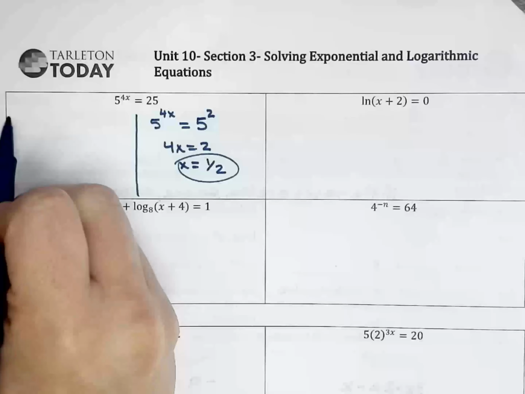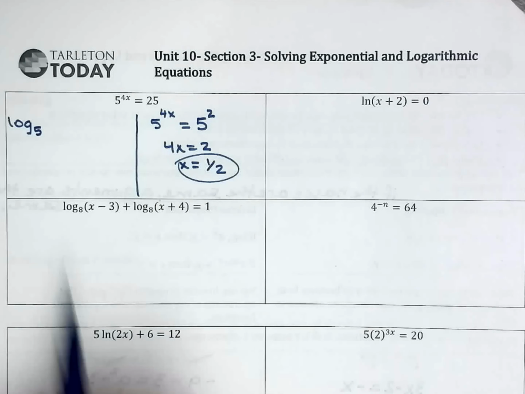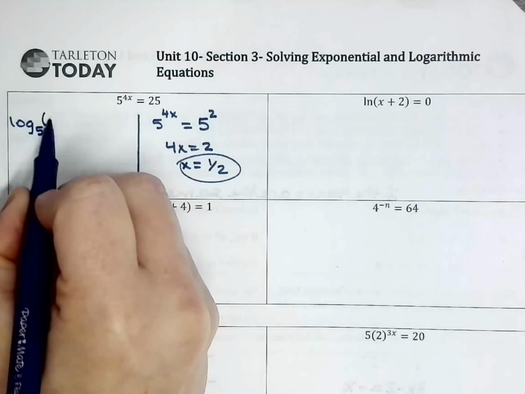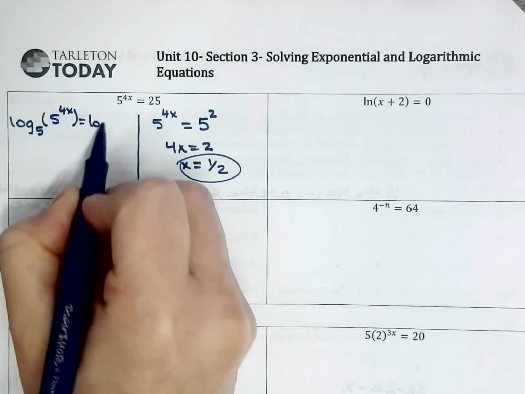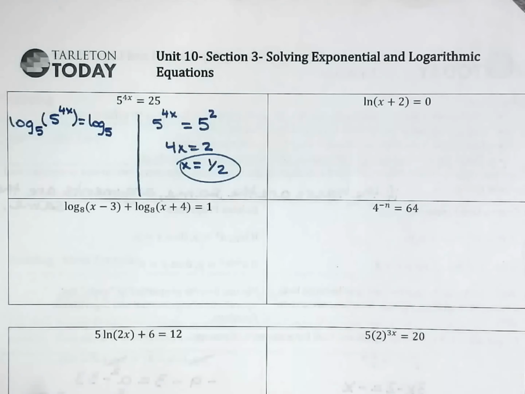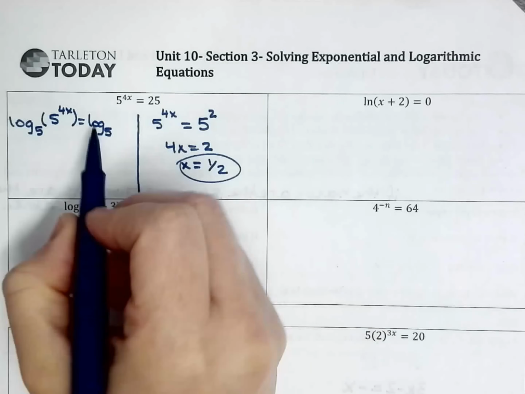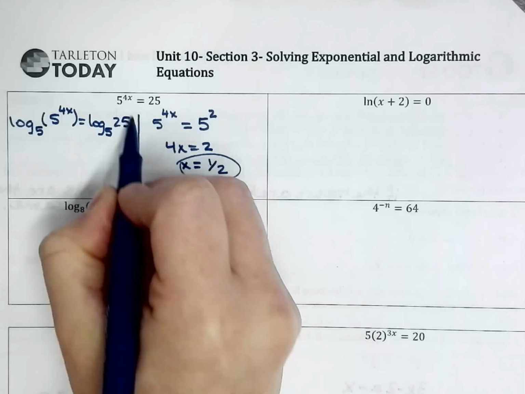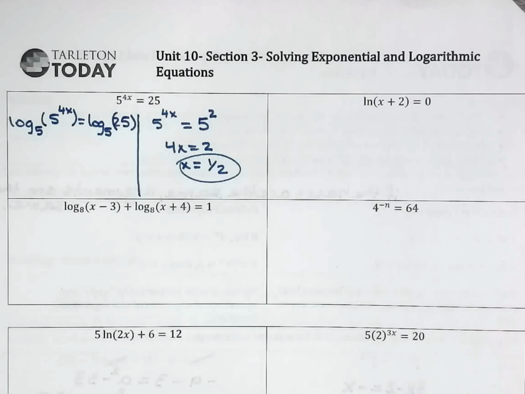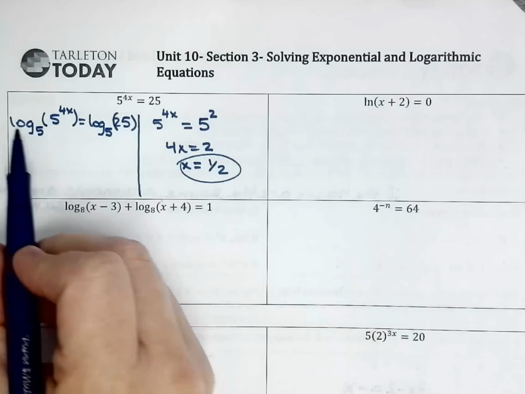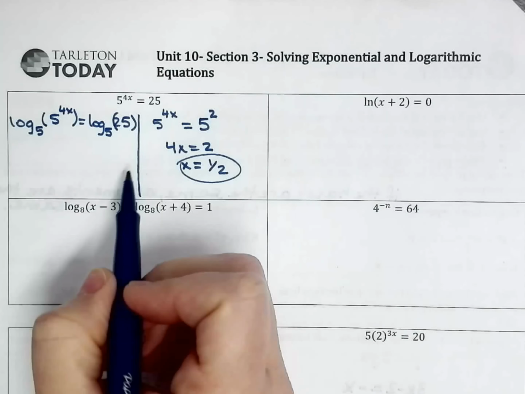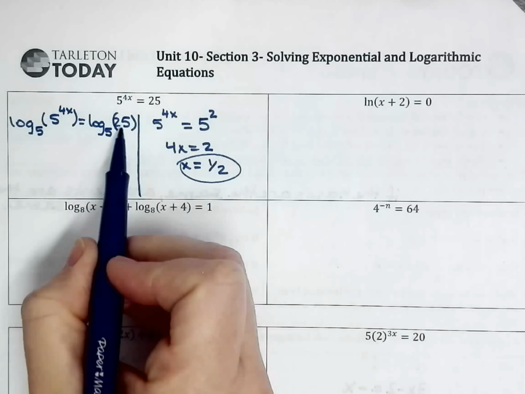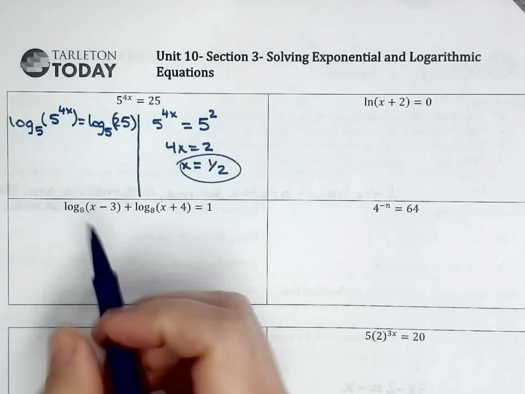So if I do log base 5 of 5 to the power of 4x equals log base 5 of 25. When the log bases are the same, then the arguments are the same, and that's what we did in the previous page.